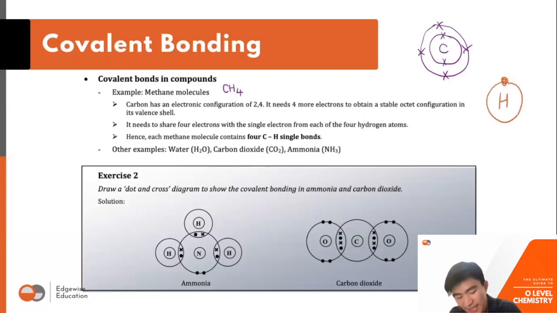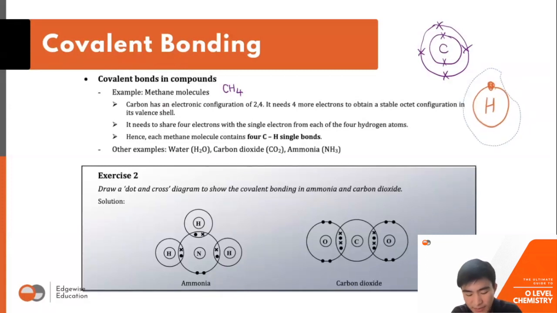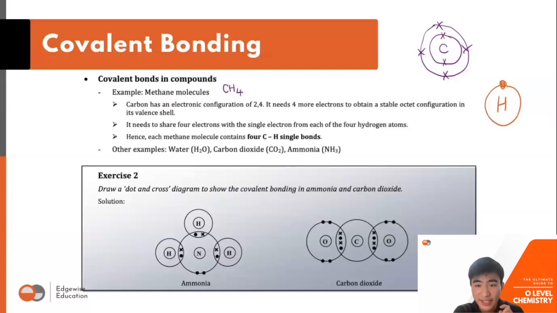Remember, hydrogen only has 1 electron. Now, how does it work? Before that, look at the carbon. In the outermost shell, remember, the outermost shell can hold 8 electrons, right? So I got 1 spare slot over here, 1 spare slot over here, 1 spare slot over here, 1 spare slot over here.